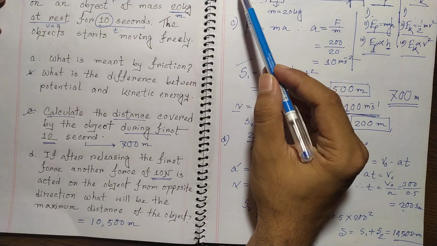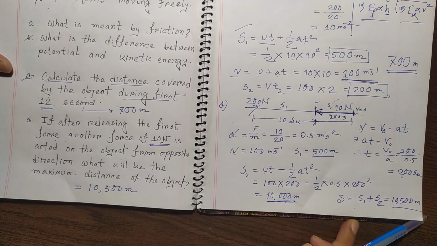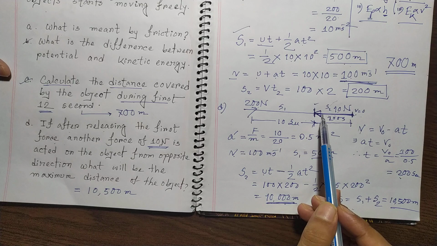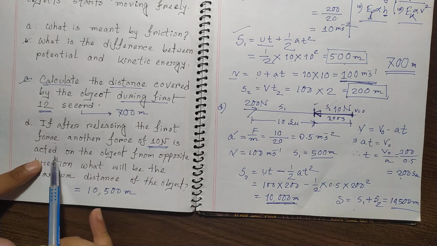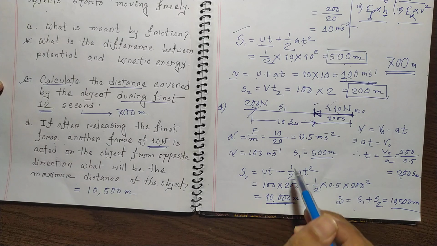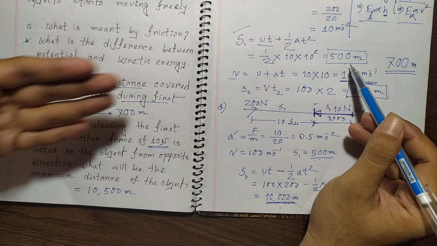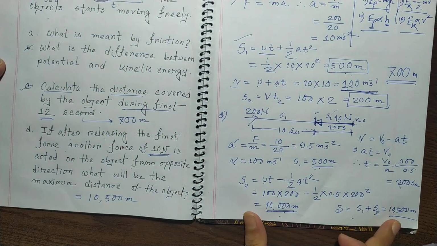I have given the answers A, B, C and D, and this is the process. At last we did it: if a 10 Newton force acts on the object from the opposite direction, the maximum distance would be 500 plus 10,000. This 500 was obtained from the equations we did earlier. So I hope you understand.